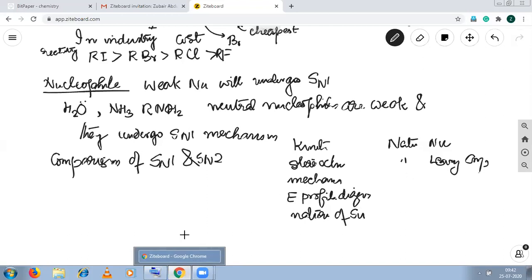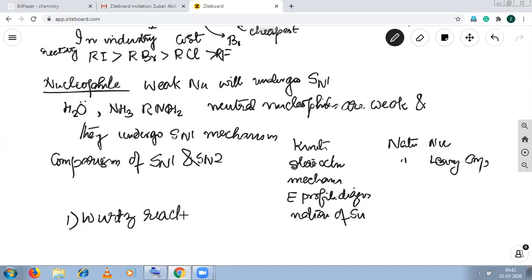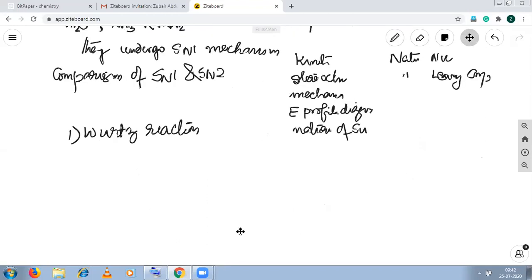Now we have to take some other reactions. Number one, Wurtz reaction. You must have heard this word in your +2. Okay, what is Wurtz reaction?